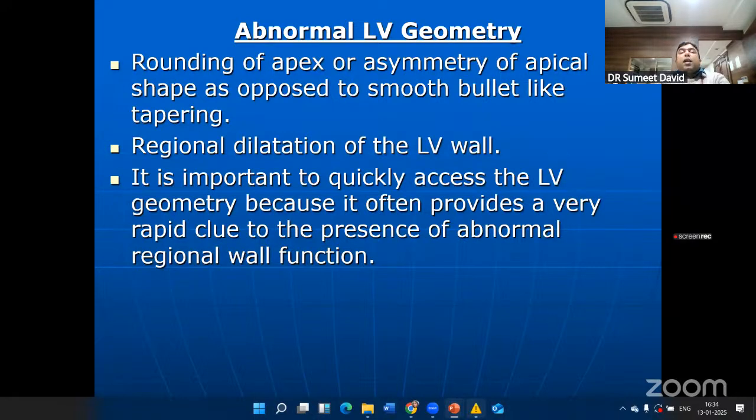Mostly the LV is bullet-like in the apical four chamber, but it becomes rounded because of the akinesia or hypokinesia. Regional dilatation of the LV wall sometimes happens when supply to the LV is reduced. It is important to quickly assess the LV geometry because it often provides a very rapid clue to the presence of abnormal regional wall function.